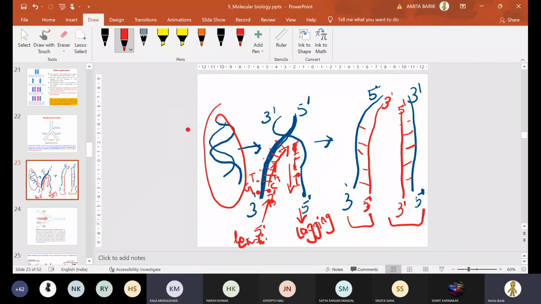And the salient features of DNA replication are, first of all, DNA replication starts at certain points known as the origin of replication. The DNA strands open up to form a fork-like structure known as the replication fork. The DNA replication starts at the 5' to the 3' end.